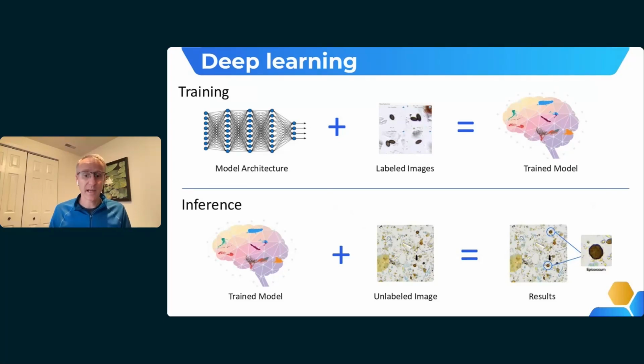Now that we have a trained model, we're able to apply what's called an inference process with it. And this is what we do in production with all of your air samples. We take that trained model, and now we take the scanned slide image, divide it into scenes. These are now what are called unlabeled images because we haven't told the model what's on them yet.